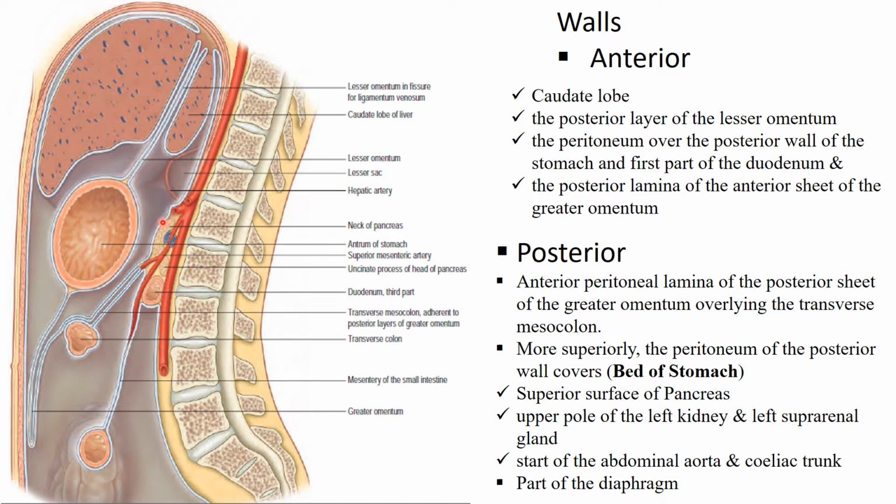Then the upper pole of the left kidney and the pole of the left suprarenal gland, and most clearly it covers this initiation of the abdominal aorta and its very first branch, which is the celiac trunk, and then in the uppermost part it covers this diaphragm, the left part of the left hemidiaphragm.